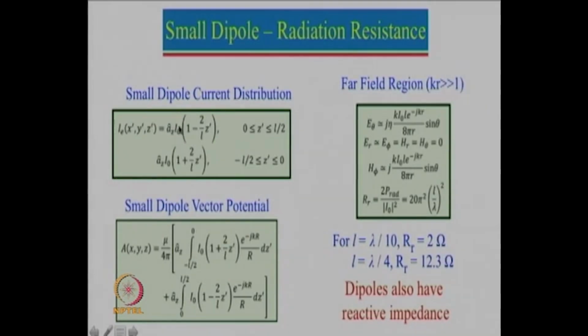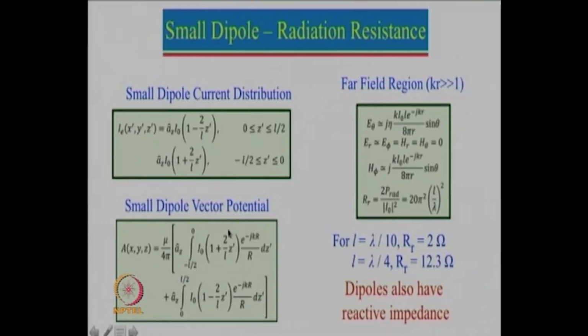I0 is not constant anymore, it is varying along the z direction. This is for 0 to L by 2 and this is for minus L by 2 to 0. That means, this is above the origin and this is below the origin, or the central point. From here again we can find the value of vector magnetic potential by integrating over the length.